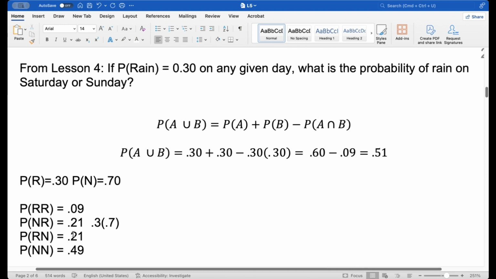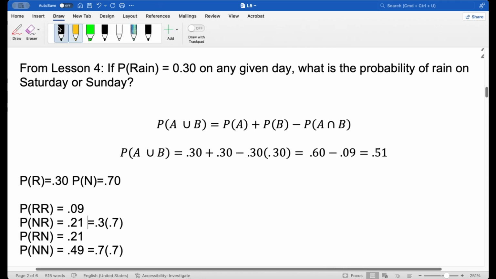No rain on either day is 0.7 times 0.7. And so for this particular question here, we're talking about rain on at least one of the days, so we're going to include all of these that has at least one R in it, and that will add up to 0.51.